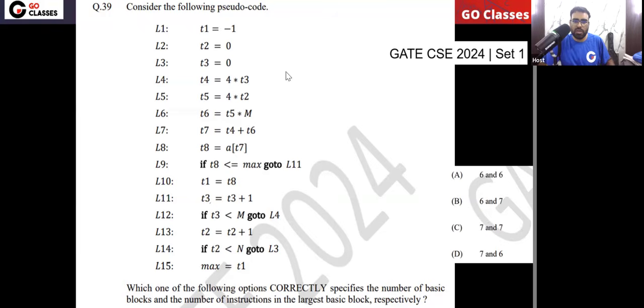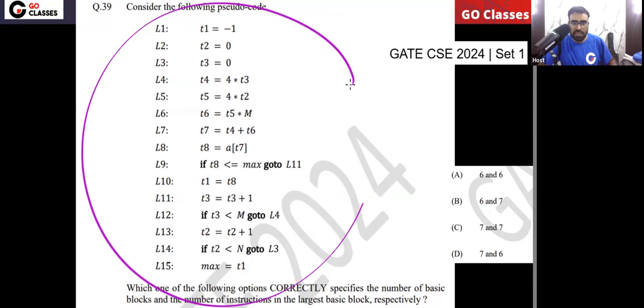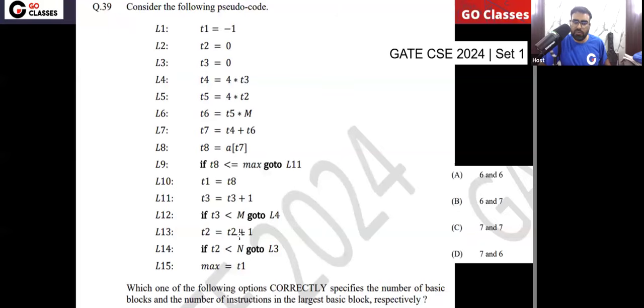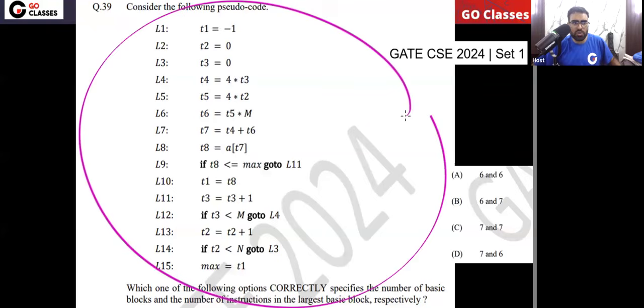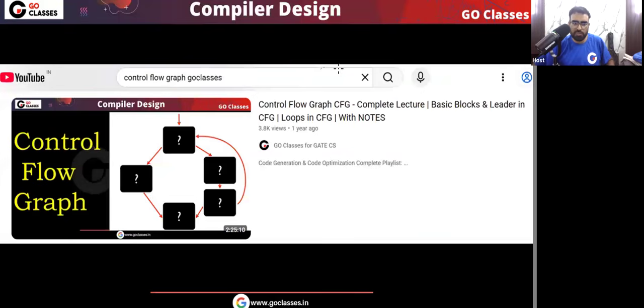Remember, for this given program, we don't need to find the control flow graph. We just need to find how many basic blocks there are, and the number of instructions in the largest basic block. Let me tell you, to solve this question, all the concepts that you need you can learn from this lecture.